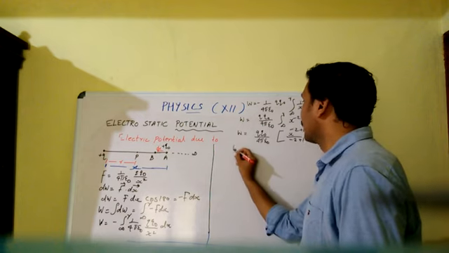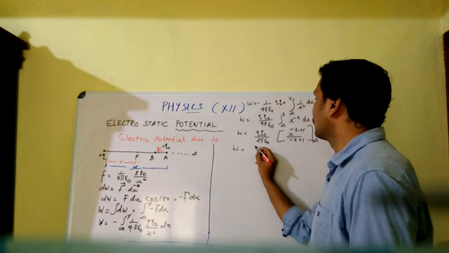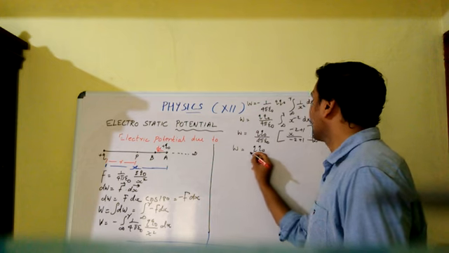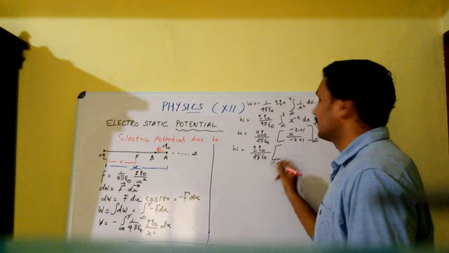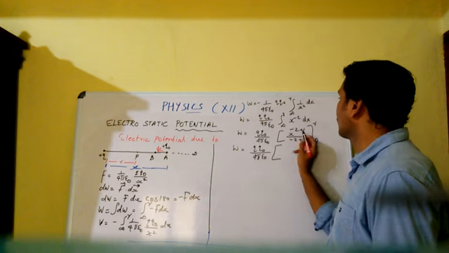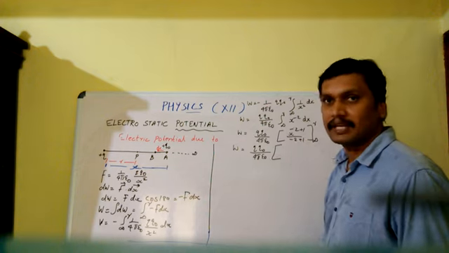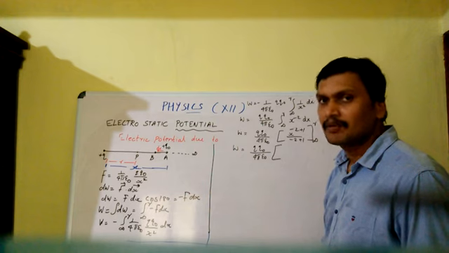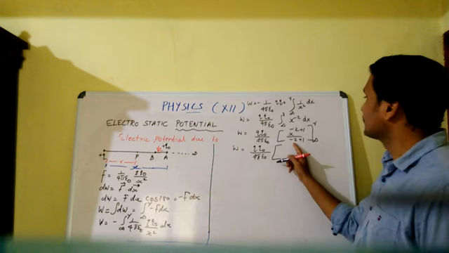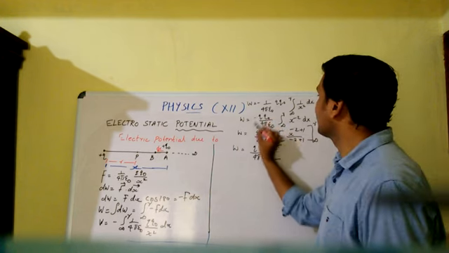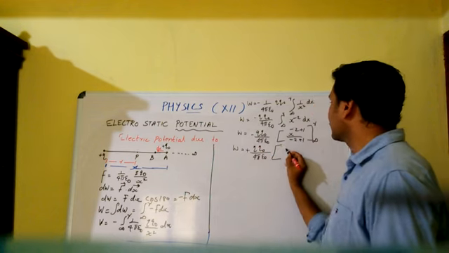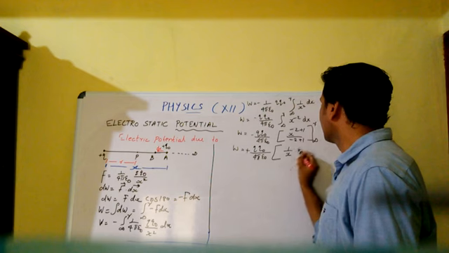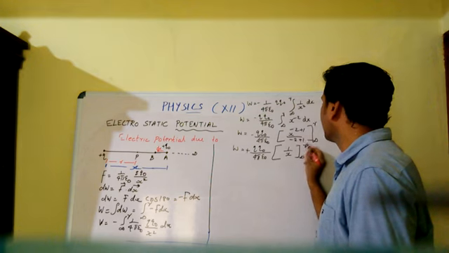x raised to minus 2 plus 1 is x raised to minus 1, which is 1 by x. There is a minus sign here, and we already have a minus sign, so minus and minus become plus. That is 1 by x from infinity to r.